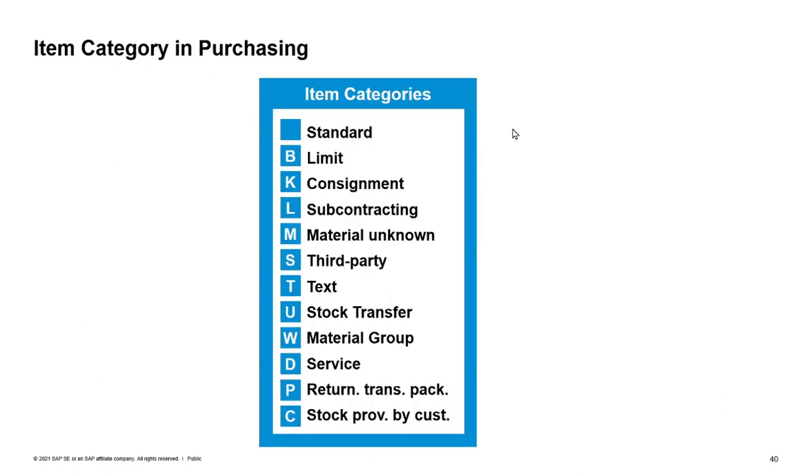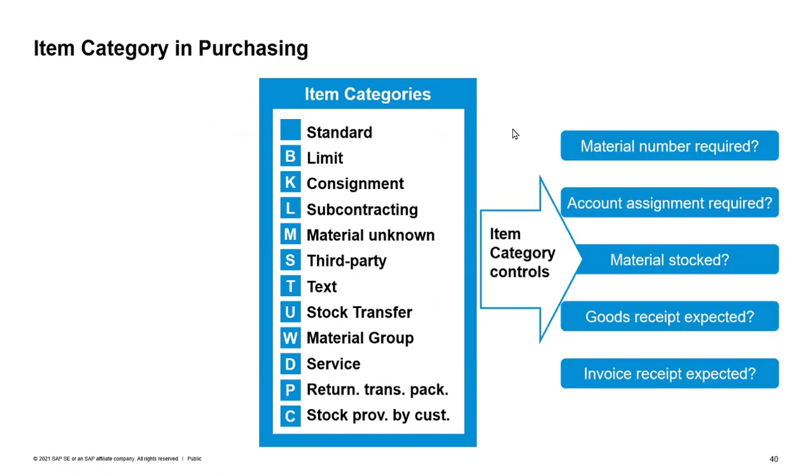Now, there is the item category, very important stuff. The item category determines whether the material defined in the purchase order item is to be managed as a stock item, requires an account assignment, requires a goods receipt and/or invoice receipt, or a material number. Item category enables you to map different procurement processes.